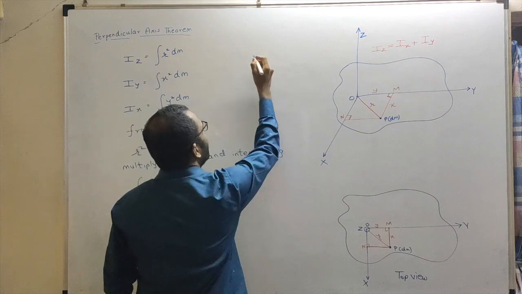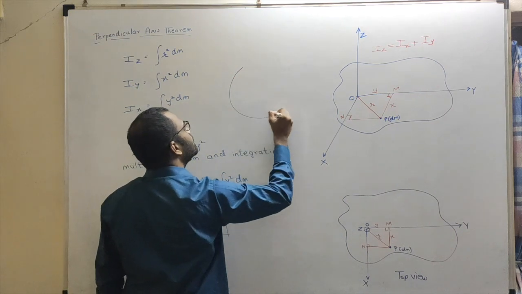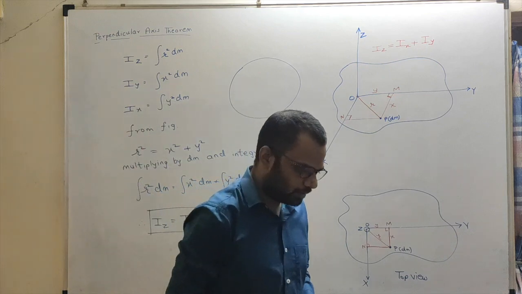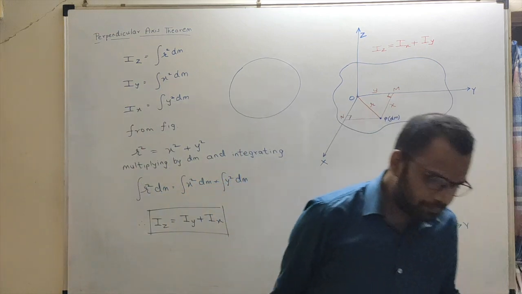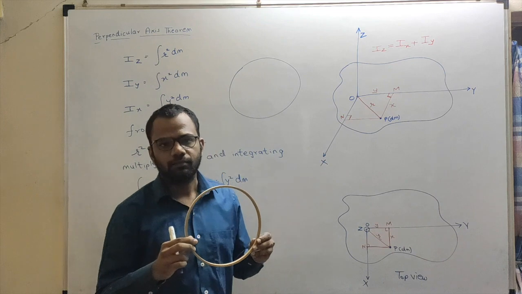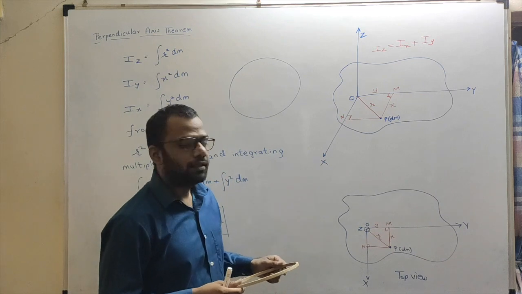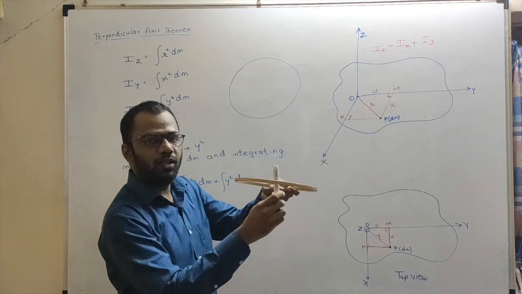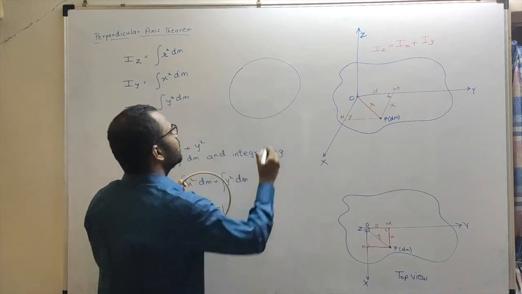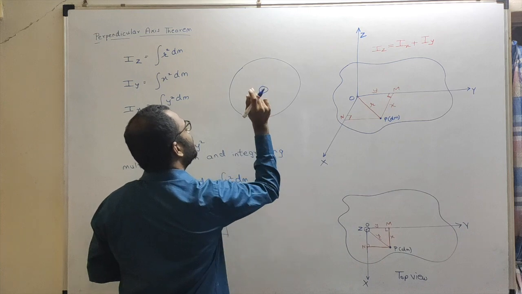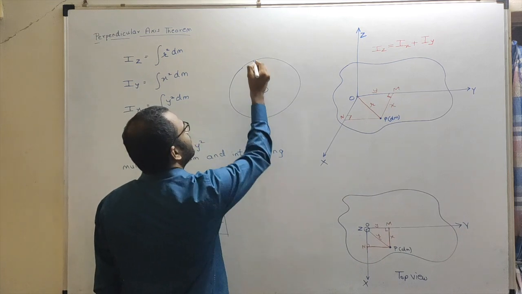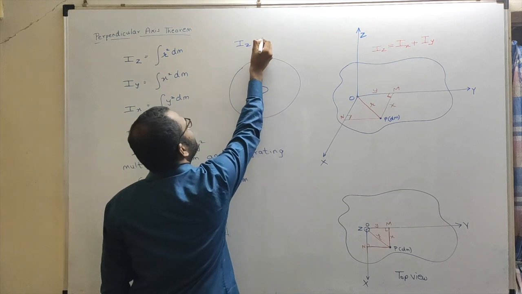Now look here. Suppose I have a ring. Now a ring is a two-dimensional body, right? We know that the moment of inertia of this ring about this axis, perpendicular to its plane passing through its center, let us say the z axis, is Iz, which we know is mr square.